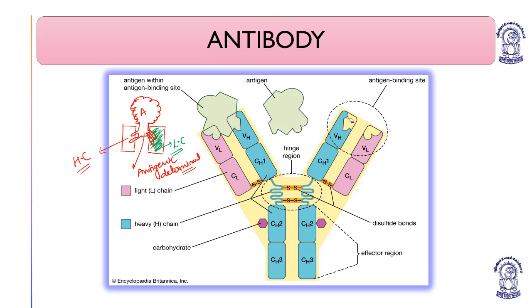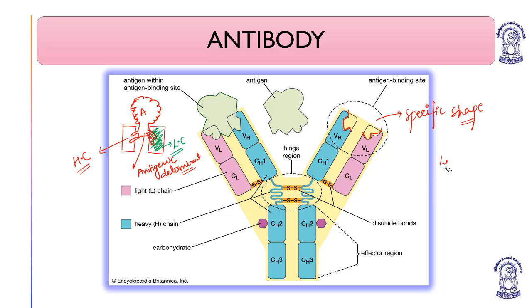So these are the antigen binding sites. You can see the groups are here. So for every antigen, the groups are specific. So the antibody molecule is made up of 4 peptide chains.